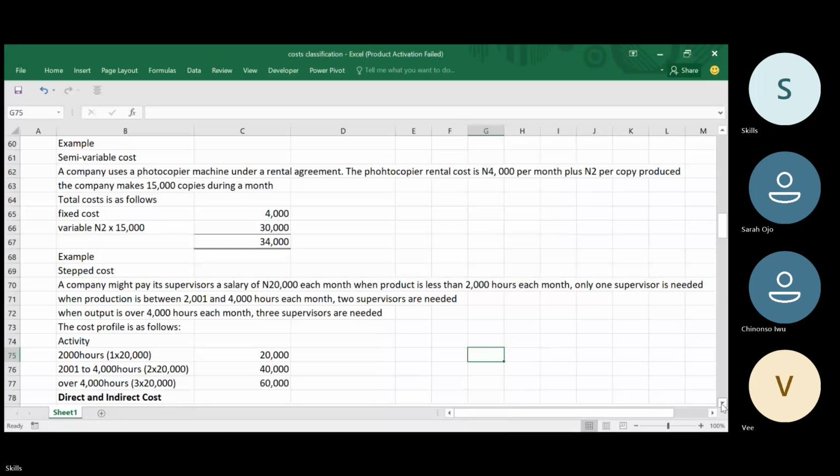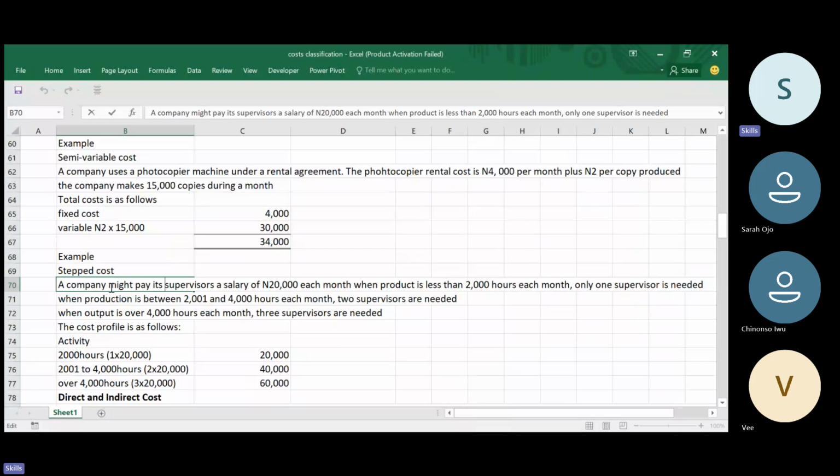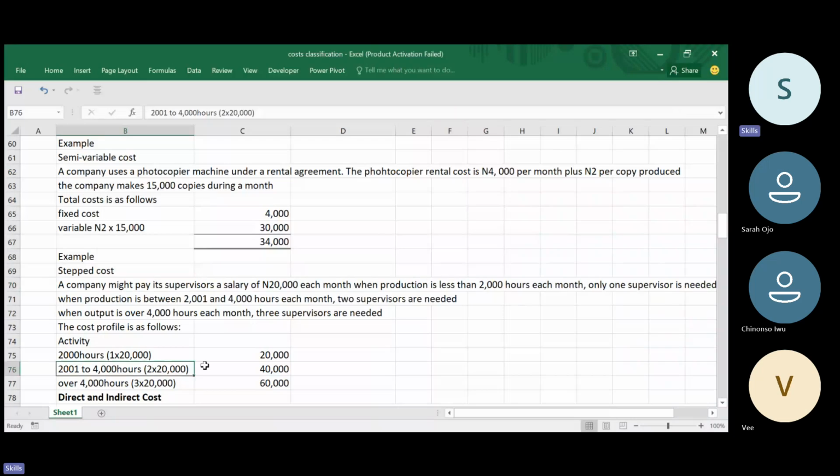Now, a company might pay its supervisors a salary of 20,000 each month. When the production is less than 2,000 hours, supervisor will be paid 20,000.